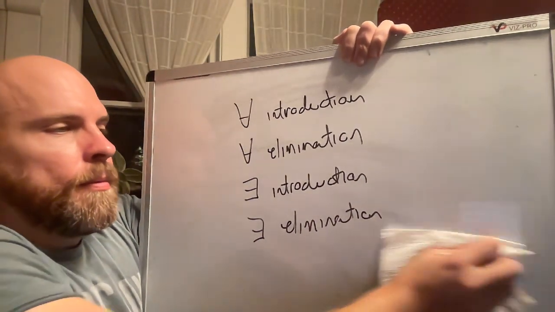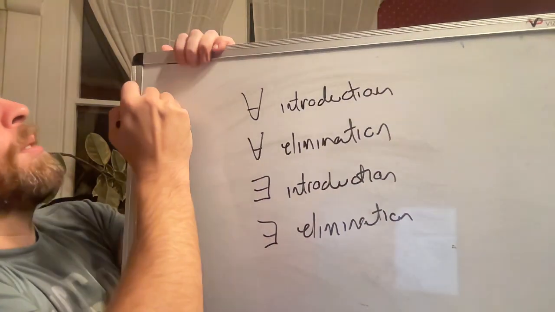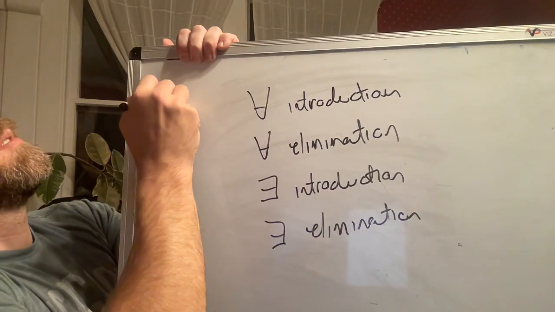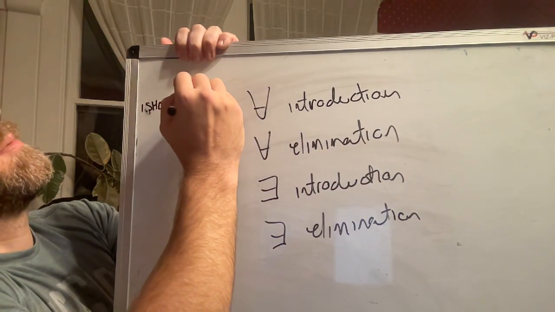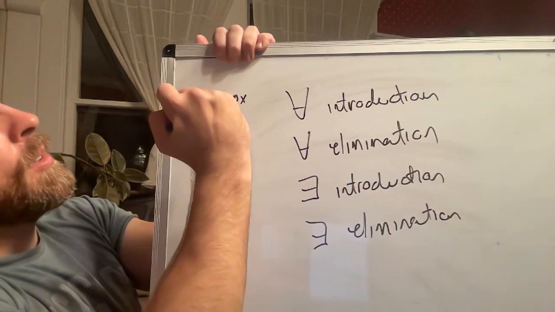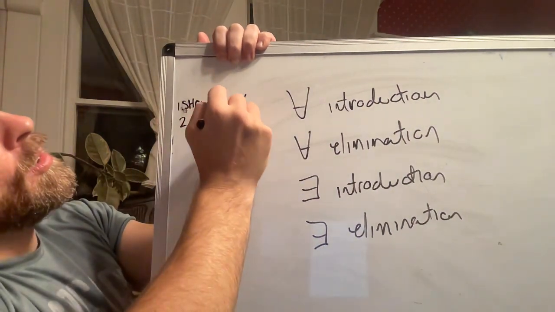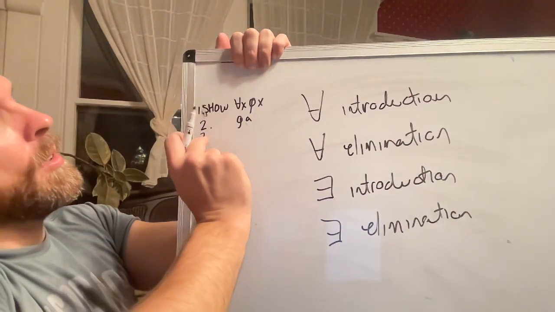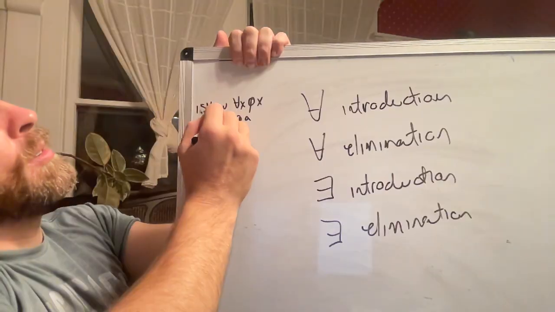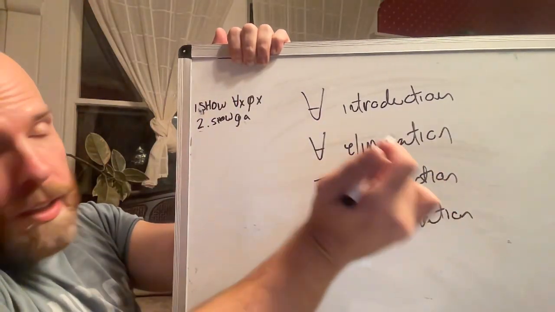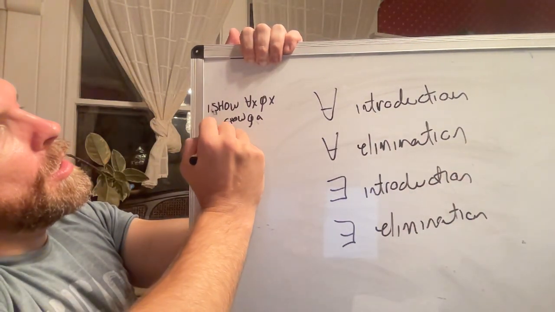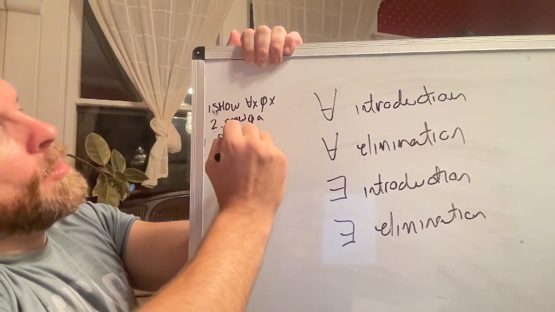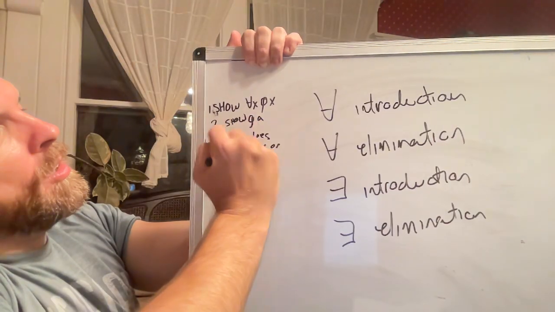Similarly, for the universal introduction, if you have something that you need to prove, like show universal, you can assume and then show whatever you need, or actually show that phi A, if A does not appear on a previous line.